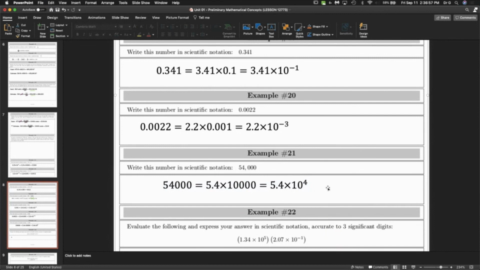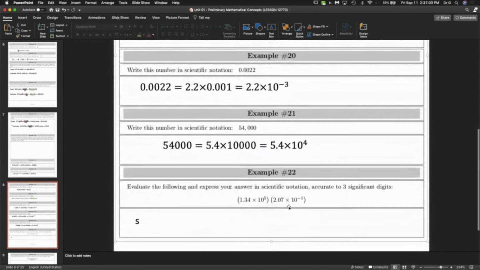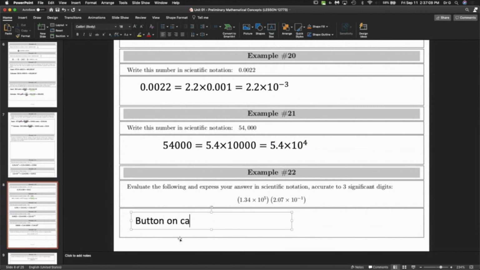So the next thing that we're going to discuss briefly is how you use your calculator. On your calculator, there is a button for scientific notation. The button on the calculator can look like this. It could be exp. It could be EE.